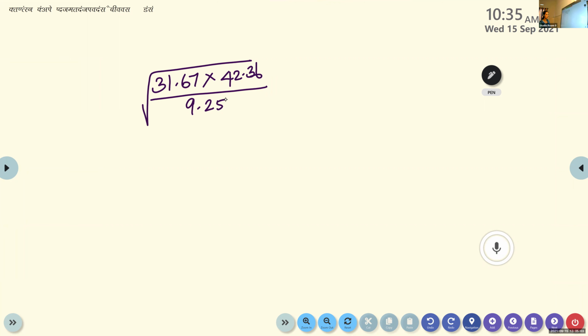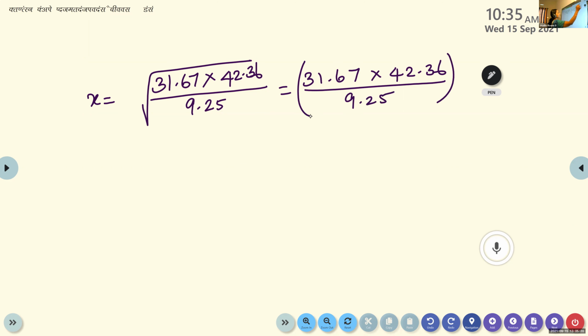How to do this? So we can take this as x. Root means first you write this in the power form. So this can be written as 31.67 into 42.36 by 9.25, whole raised to half.